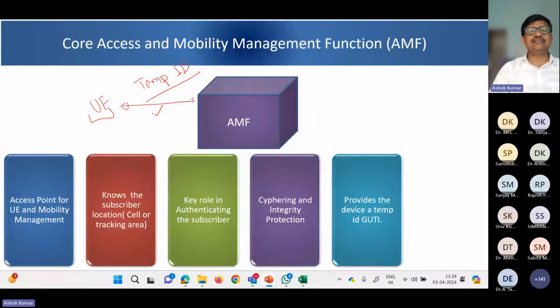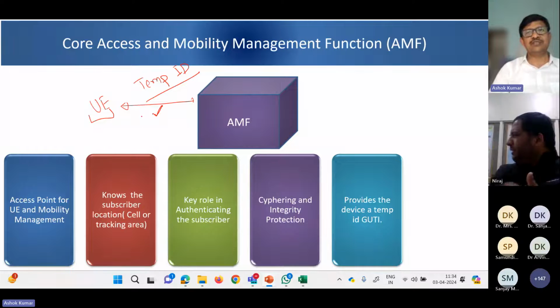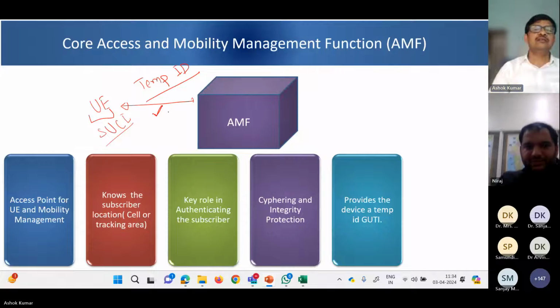And this is new in 5G because this was not there in 4G or 3G. In some cases, there was plain text transmission of the IMSI. In 5G, it is an encrypted one. We call it SUCI. We'll talk about these later.